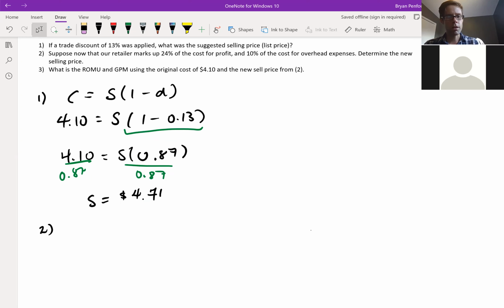So what I want to do in part 2 is play around a little bit with this formula: our new selling price, capital S, should be equal to the cost plus the expenses plus the profit. This is the formula we'd like to use here. And I just want you to be mindful that these capital S's that we're using here may not be the same number.